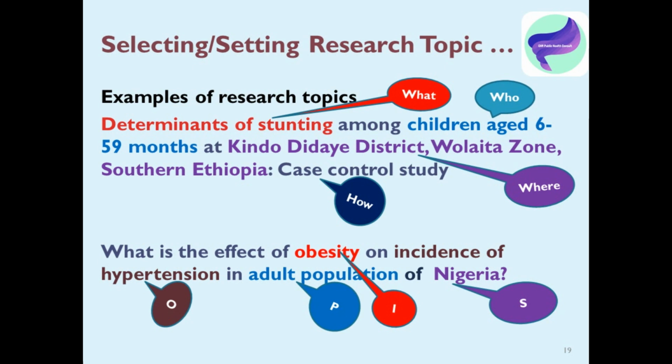Who is also addressed: children aged 6 to 59 months. And where the study is done has also been addressed: the Kindo Didaya district, Walaita zone, southern Ethiopia. And how the study will be conducted is also addressed: a case control study.